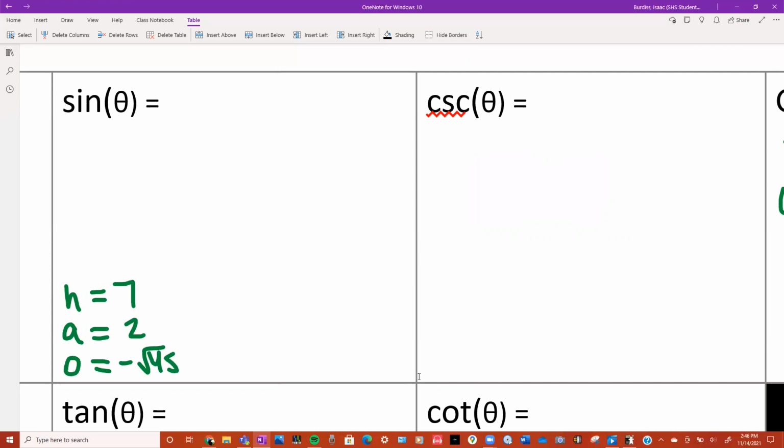All right, so by SOHCAHTOA, we would find out that sine of an angle is going to have to be opposite over hypotenuse. So that would be negative square root of 45 over 7.